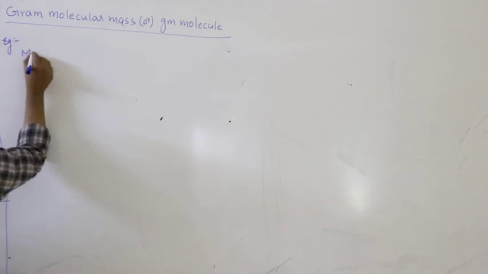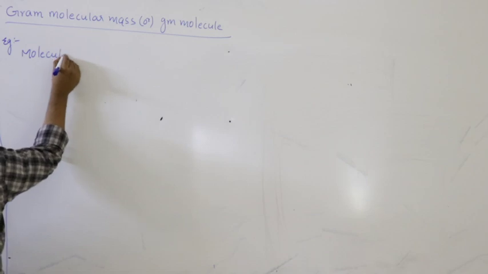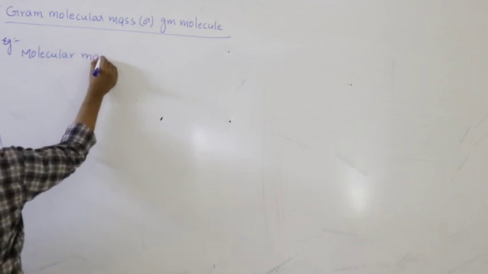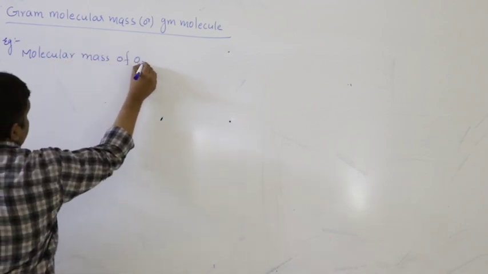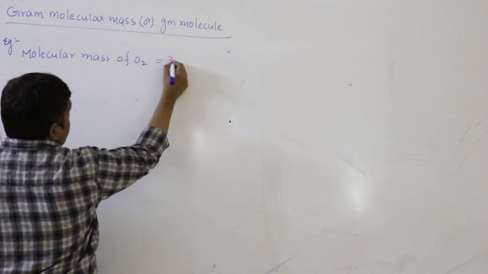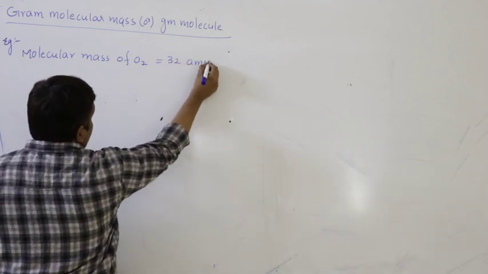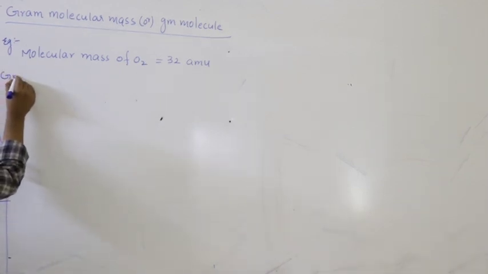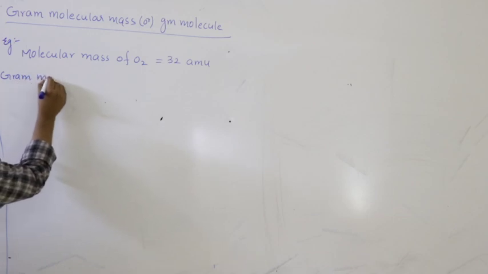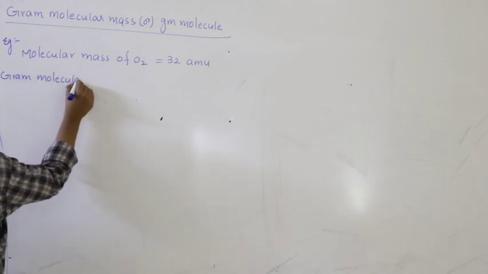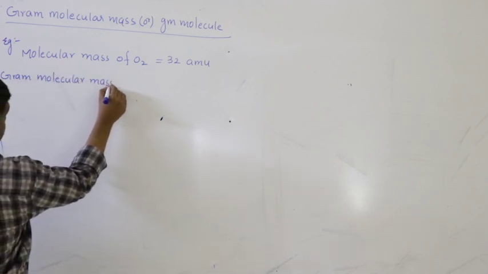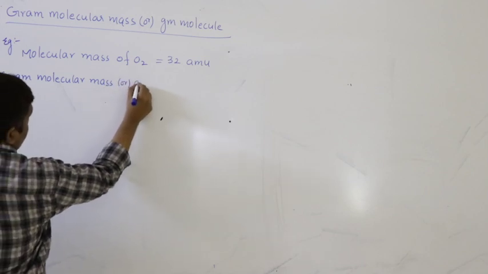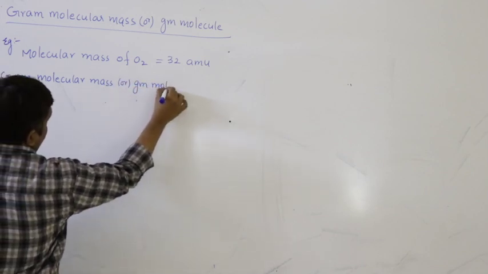Molecular mass of oxygen is 32 AMU. The numerical value expressed in grams becomes the gram molecular mass or gram molecule of oxygen.